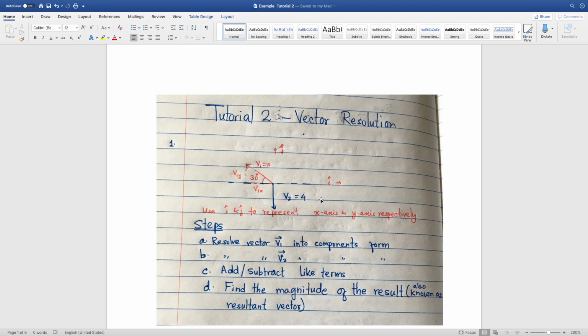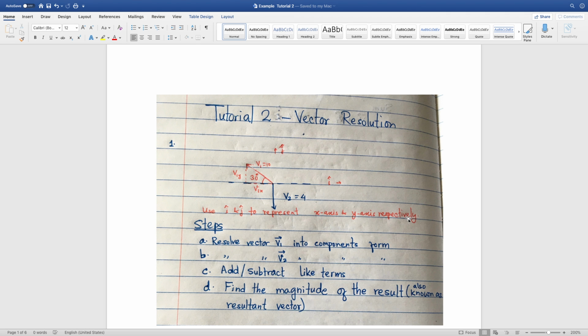Okay, so first and foremost, we are going to use i hat and j hat as unit vectors to represent the x-axis and y-axis.